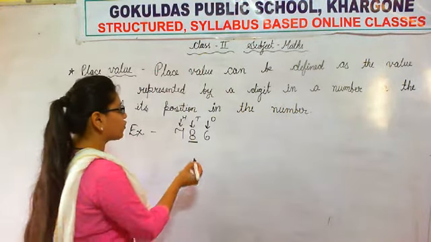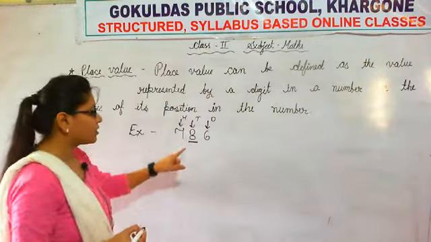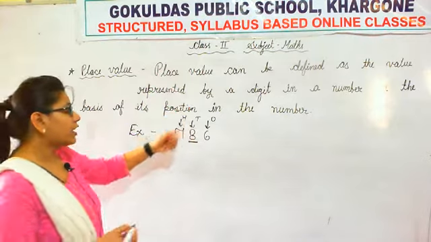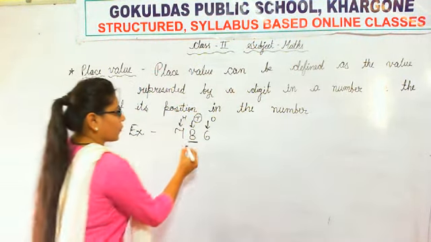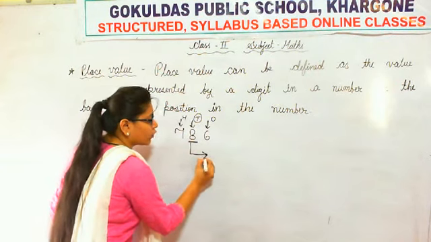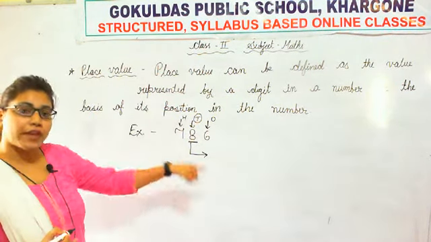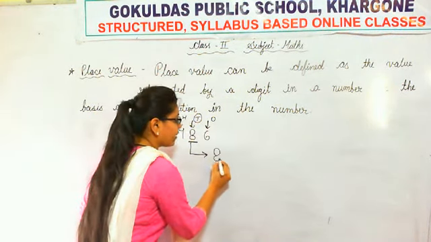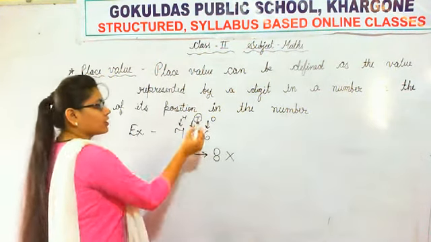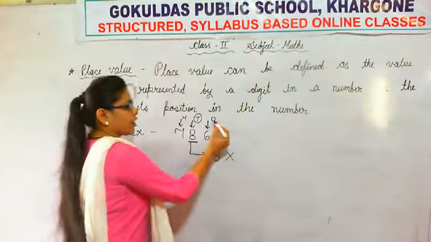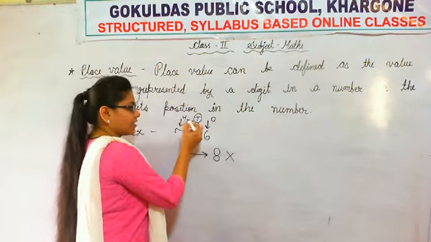If you are asked to find out the place value of this digit 8, then it will depend on its position. So, if I want to find the place value of 8, then I will multiply this digit by its position. Which position is this? Ones, tens and hundreds.